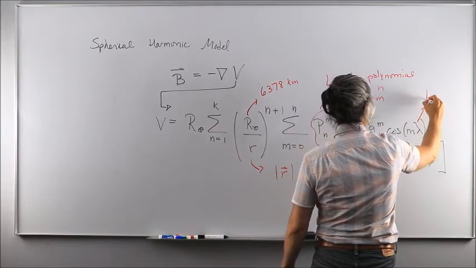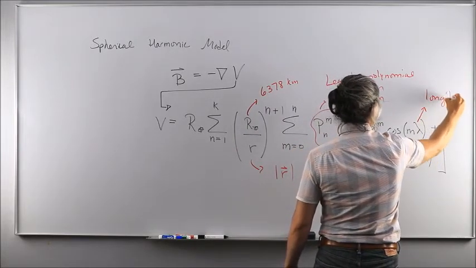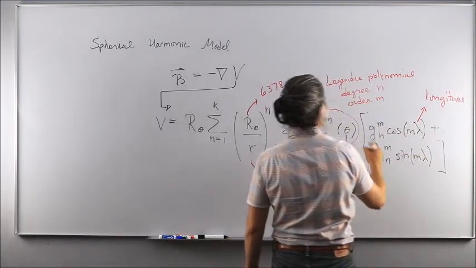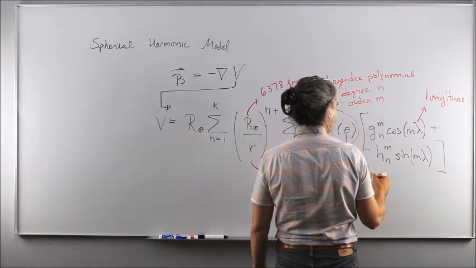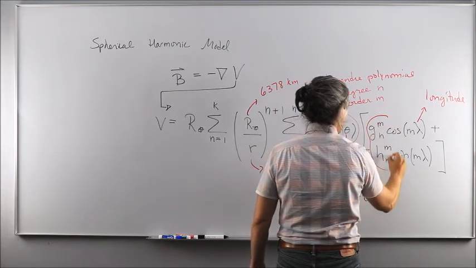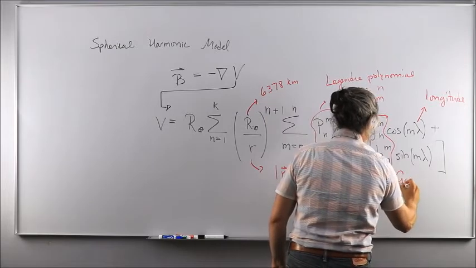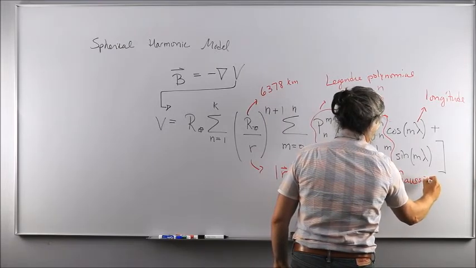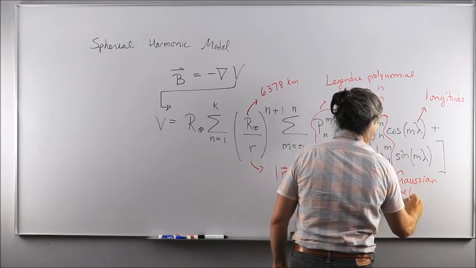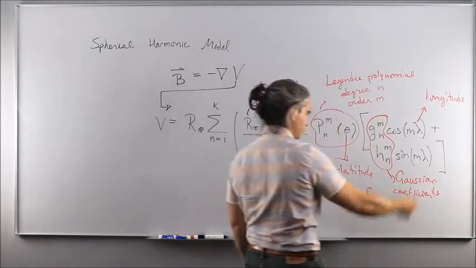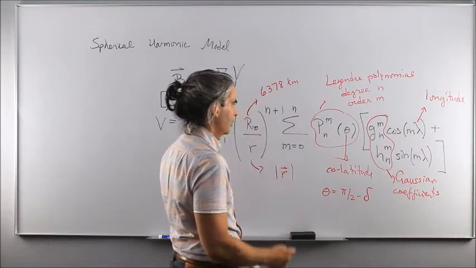Lambda here is the spacecraft longitude at that given instant. m is your order of the Legendre polynomial. And those two things here are Gauss or Gaussian coefficients of degree n and order m.